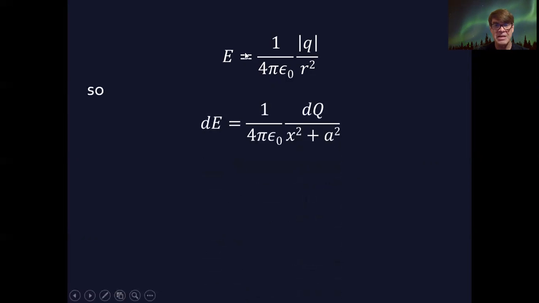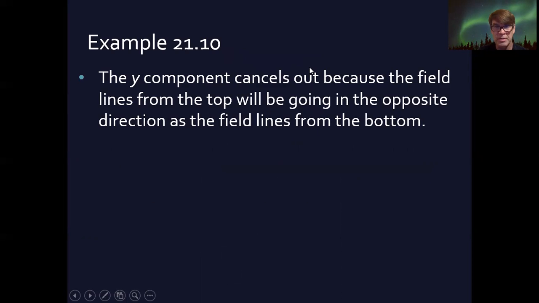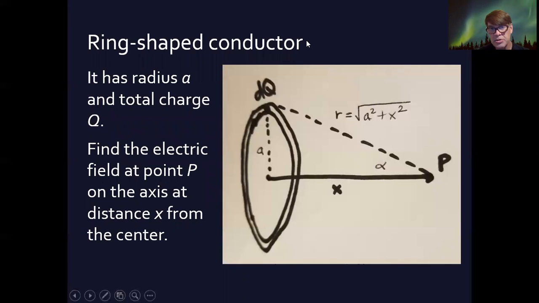And so that means that dE, the infinitesimal field, is going to be 1 over 4 pi epsilon naught, dQ, not Dairy Queen, stop saying that, over x squared plus a squared. Why x squared plus a squared? Because what is r squared? Let's go back. What is r squared here? r squared is this squared. And a squared plus b squared equals c squared, right?